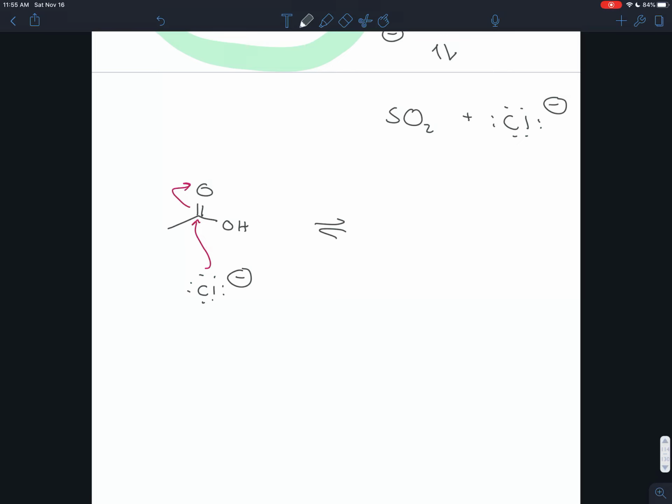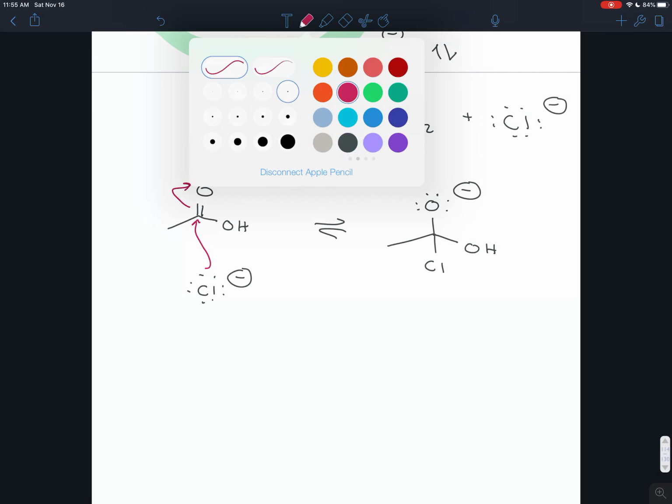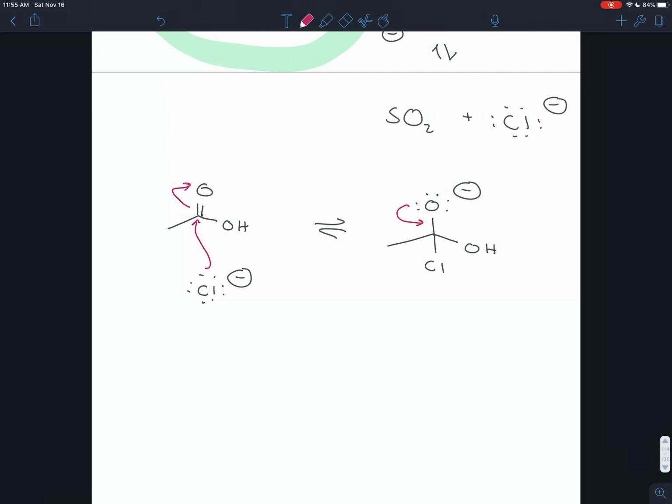The problem is, once you have the tetrahedral intermediate, and this negative oxygen here on top comes crashing back down, it kicks off the best leaving group, which is the chlorine. And that just gives you your carboxylic acid back.